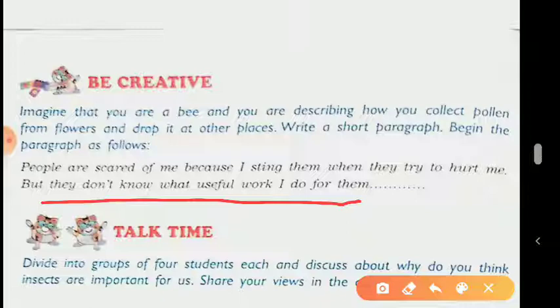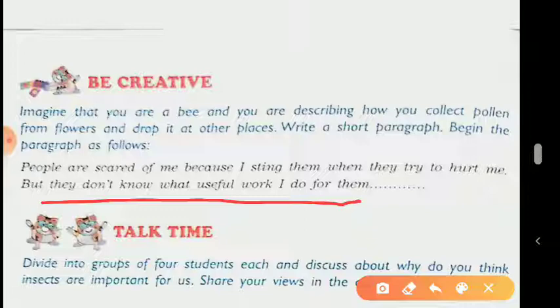So, why do we try to kill it? Because we know that if it stings, it will be extremely painful. But we don't realize that bees are very important for the environment. Though they are small in size, their contribution to the environment is very necessary because they are the ones who help in pollination, and pollination helps the plants or trees to make seeds, and then the seeds grow into new plants.